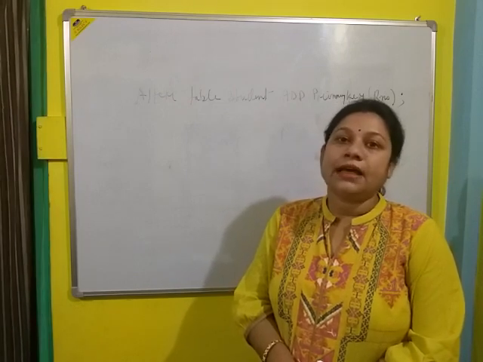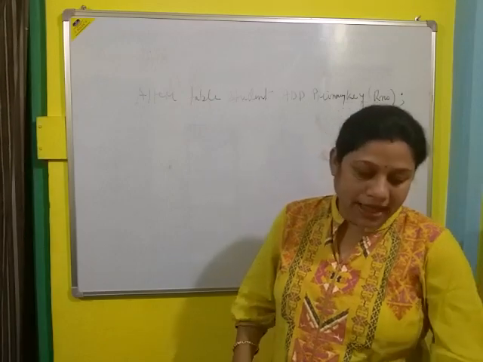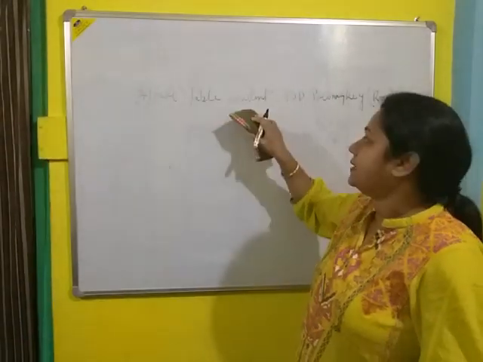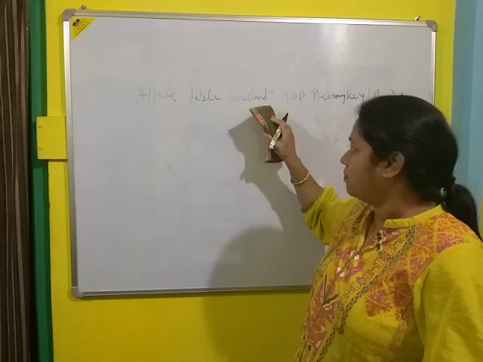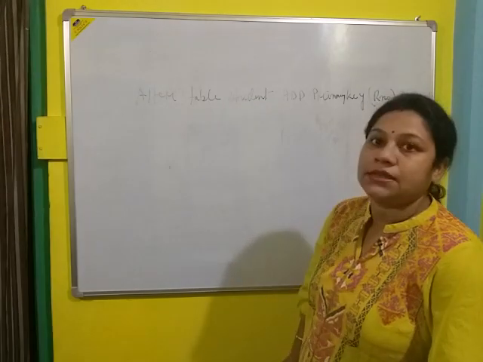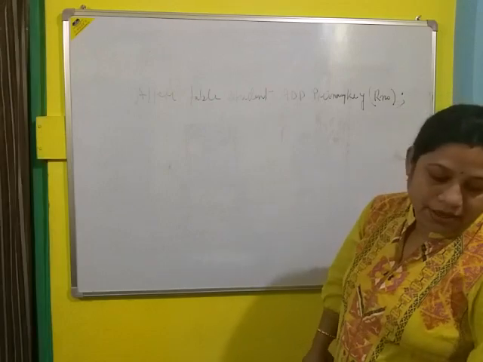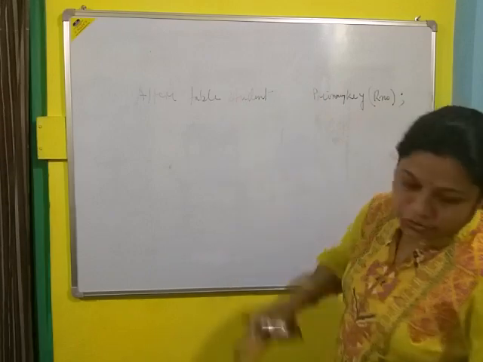For deleting the primary key, we write alter table, then give the table name, which in my example is student. After that, instead of add, here you write drop.